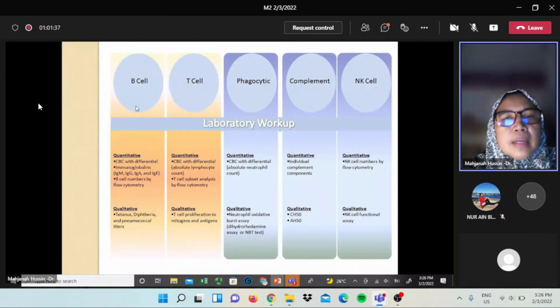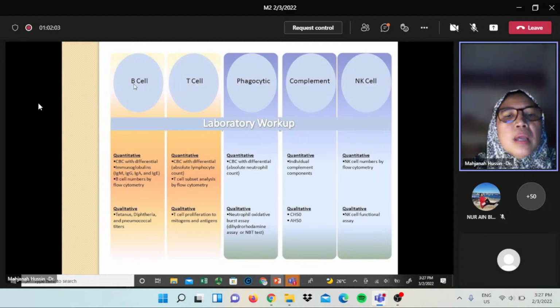With B cell, you can do a quantitative diagnosis. You have a blood count, differential blood count, complete blood count, where you can look at whether there is IgM, IgG, IgA, and you can have the B cells counted by flow cytometry.